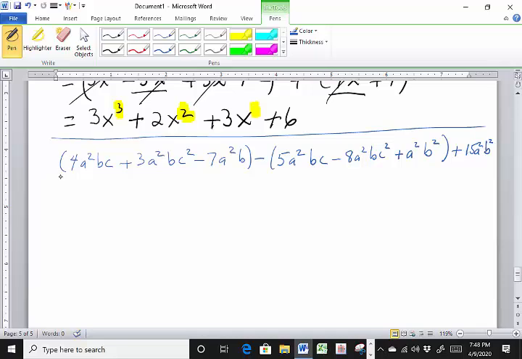Okay, so here's three things going on: subtraction and addition, right?